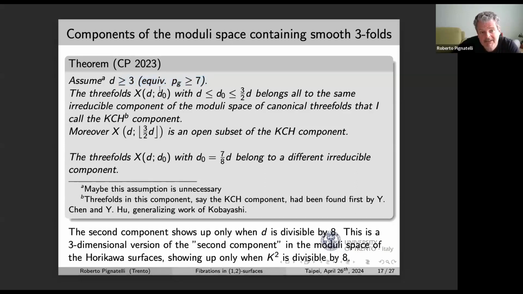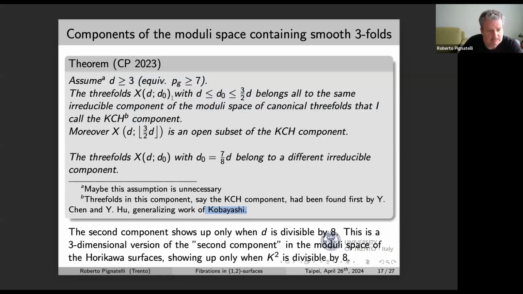If we assume D bigger than 3, the threefolds with D0 among D and 3/2 of D all belong to the same irreducible component of the moduli space of canonical threefolds that I call KSB component, KCH, because this contains both the examples of Kobayashi I mentioned at the beginning and those by Yifan Chen and Yonghu, which have been constructed later by generalizing the work of Kobayashi. They are all in this component.